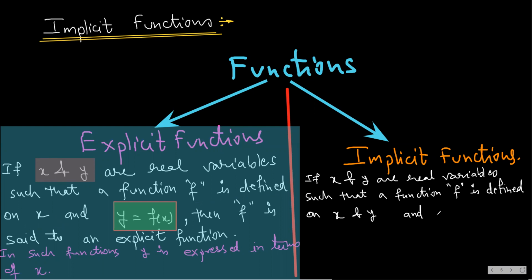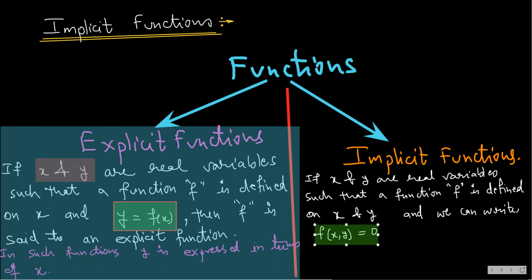And we can write f of x comma y equal to 0. The function is defined on x and y such that we can write f of x, y equal to 0.